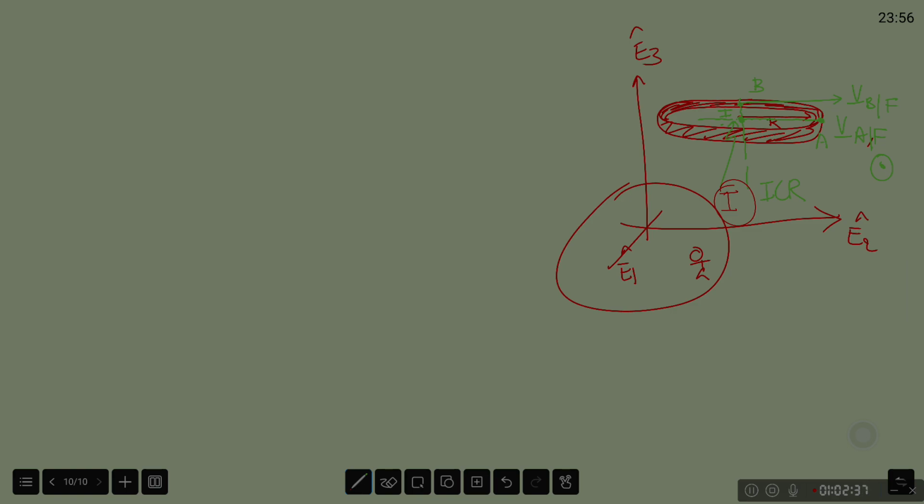Such that VIF is 0, but VIM will also be 0, and AIM will also be 0.